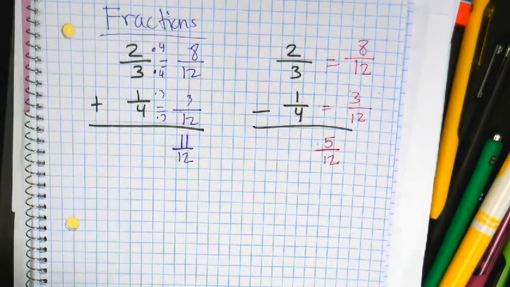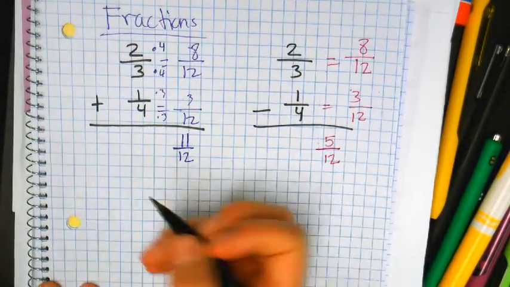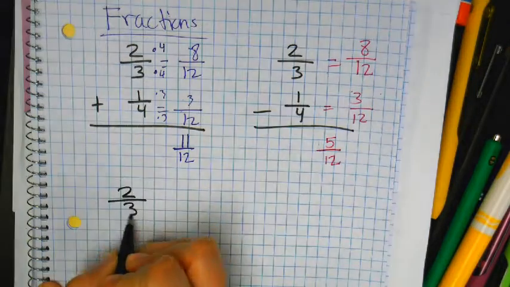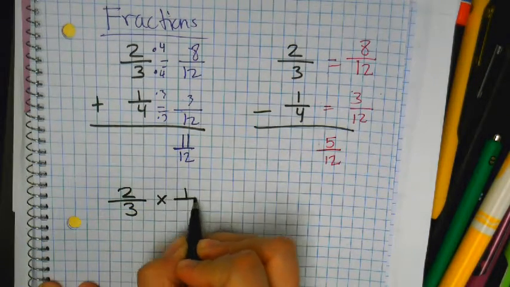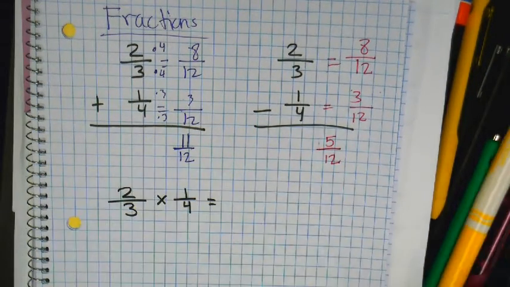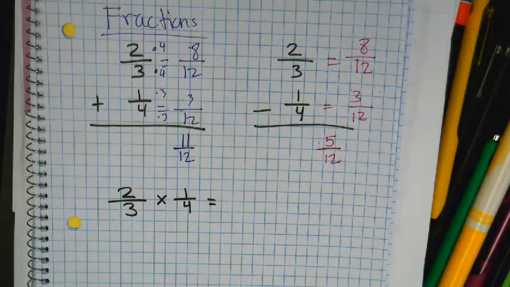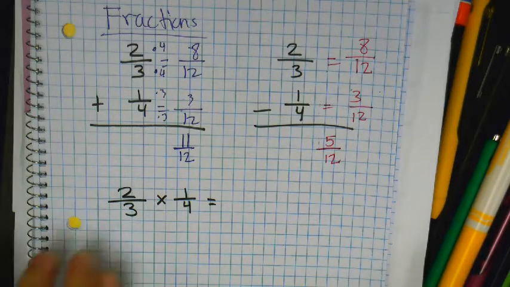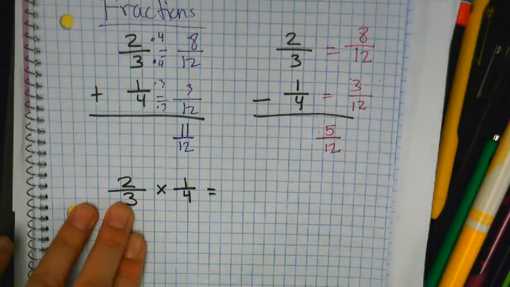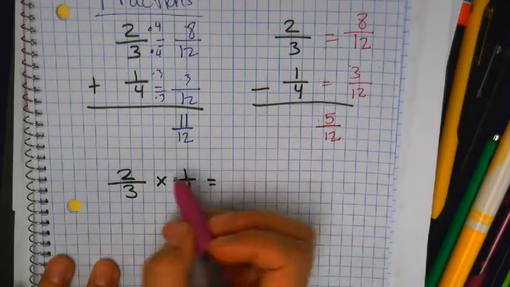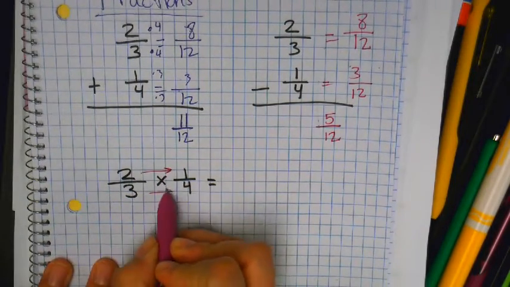Now let's multiply these two fractions. 2/3 times 1/4. What do I do? Yeah. When it comes to multiplication, guess what? It's the easiest thing, because all I have to do is multiply straight across.